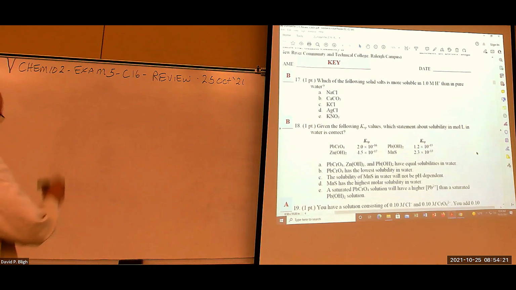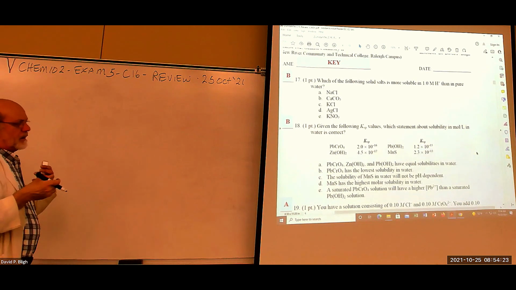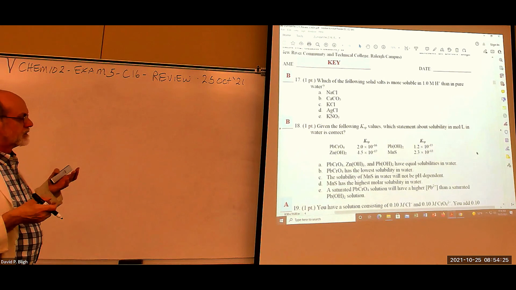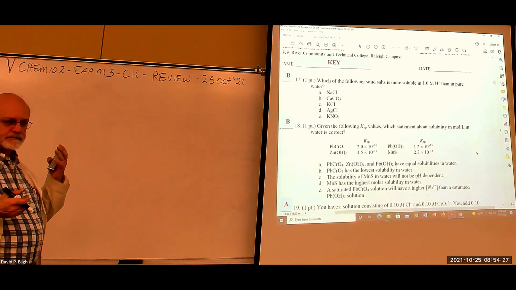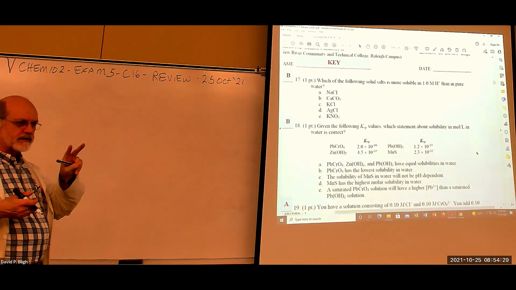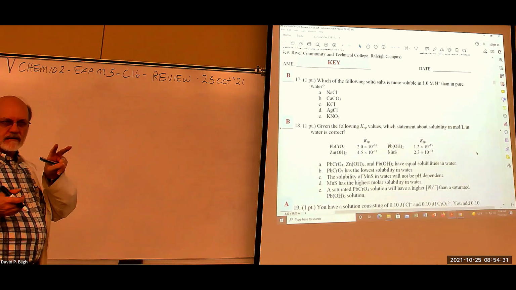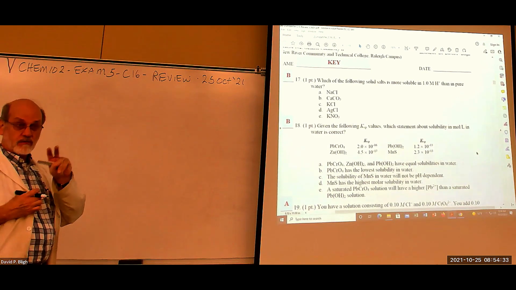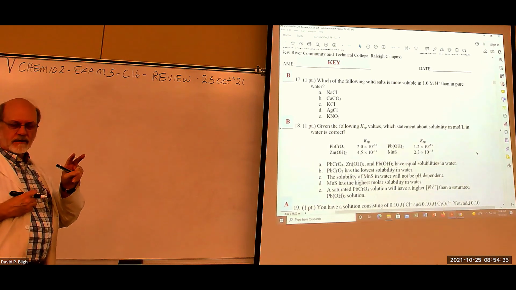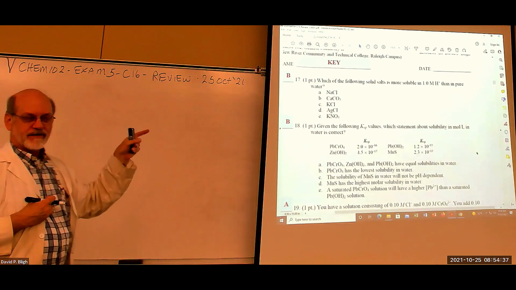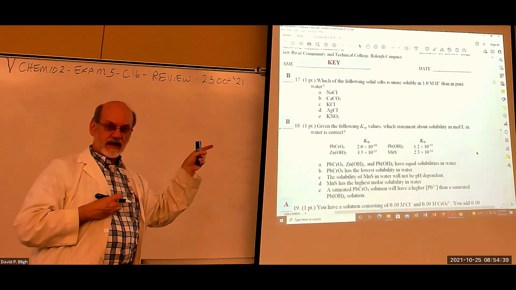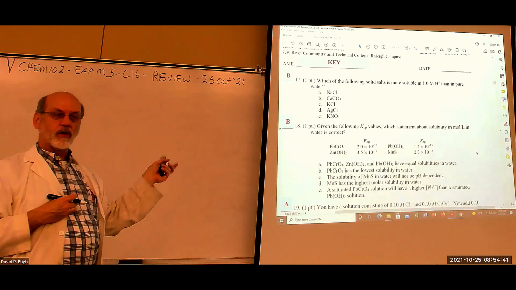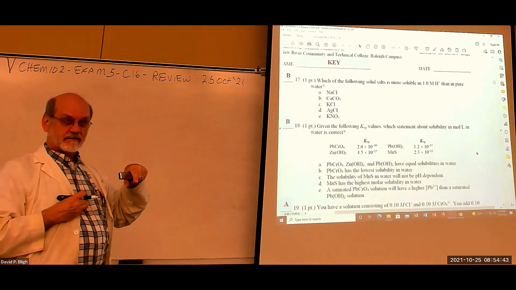Okay. Remember, you've got two ways to make a slightly soluble salt more soluble. One way is acidify, right? Add hydrogen ions, or complex ion.